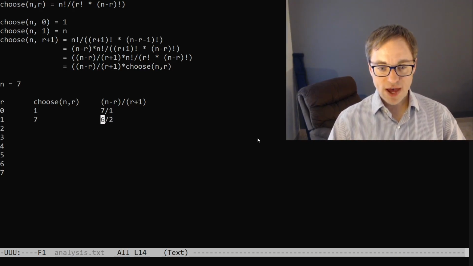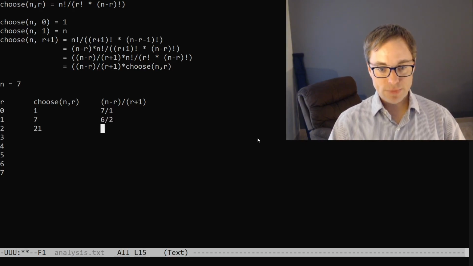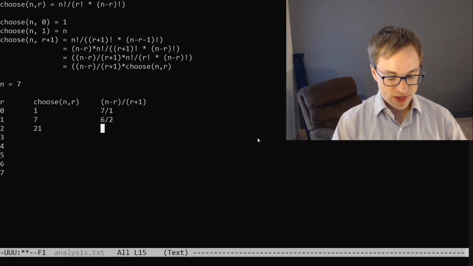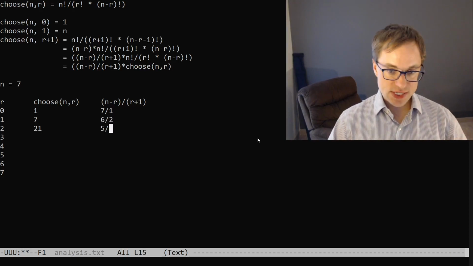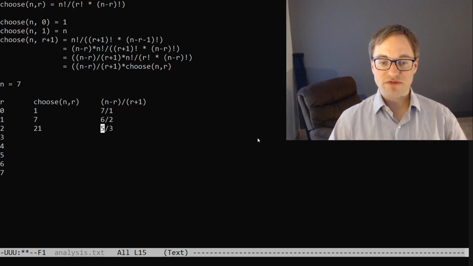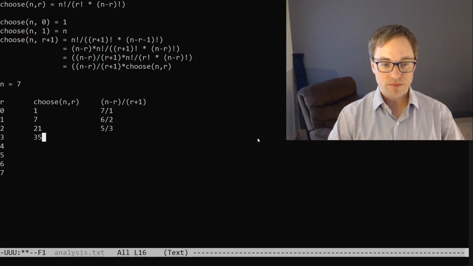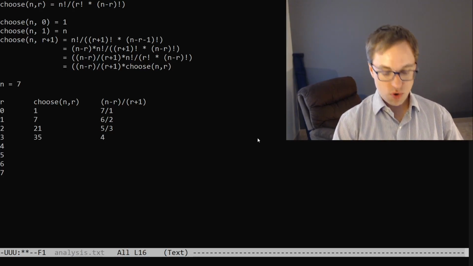So this works out to 3. So this is going to be 21. Then for this row, we're going to take 6 and decrement it to get 5. And then we're going to take 2 and increment it to get 3. So then we have 5 over 3. And that's going to give us 35 over here. Continuing this, we're going to get 4 over 4.